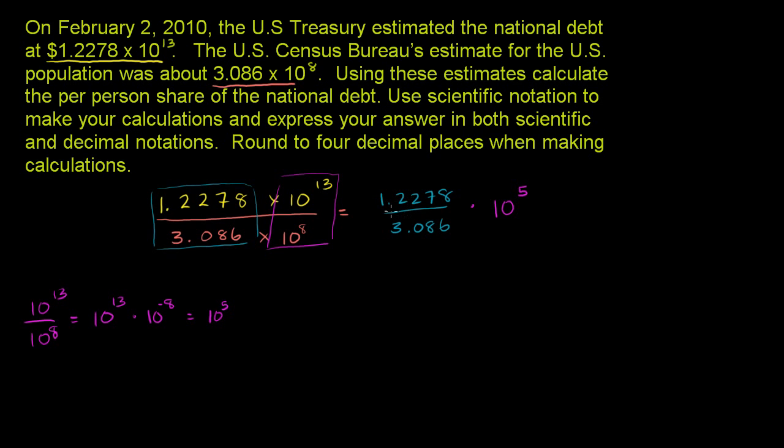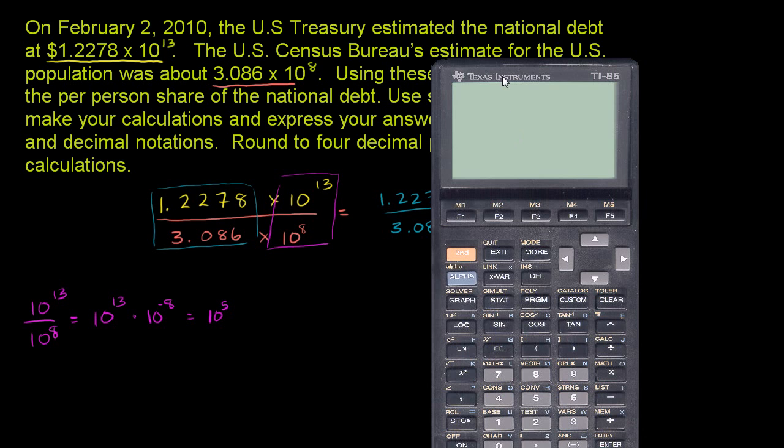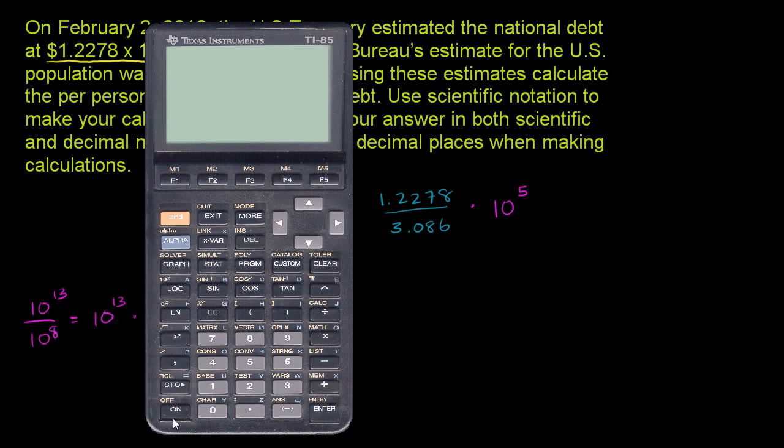And let's get a calculator out to calculate this right here. And they say round everything to 4 decimal places. So I'll keep that in mind. So let me turn my calculator on. 1.2278 divided by 3.086 is equal to 0.3979, because we want to round right there, 4 digits.